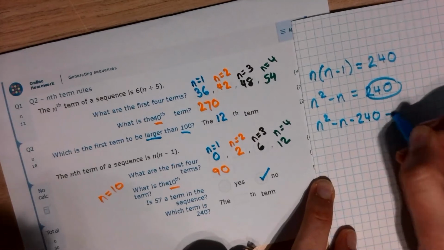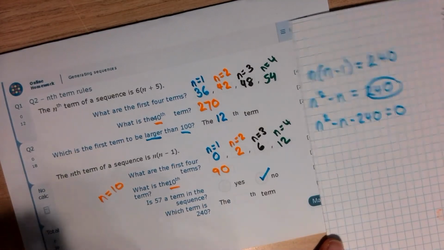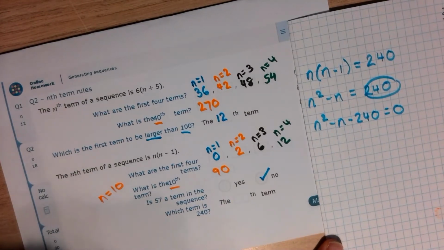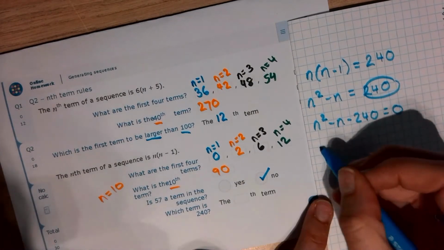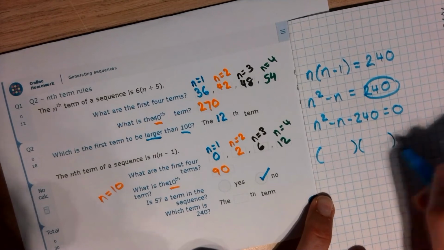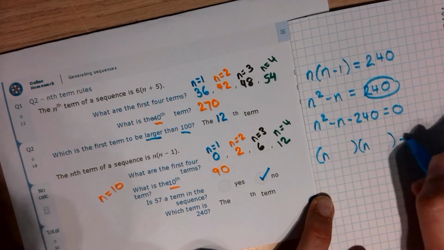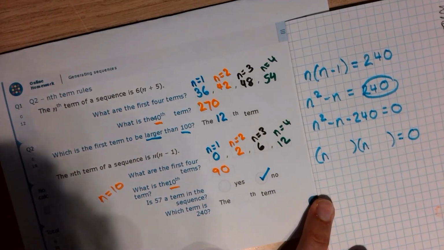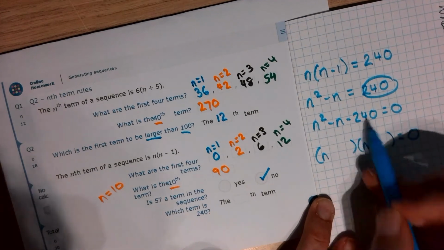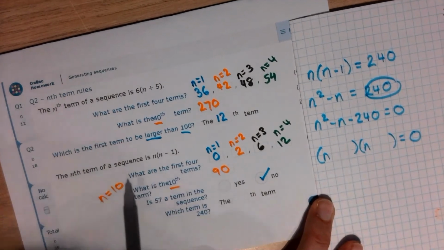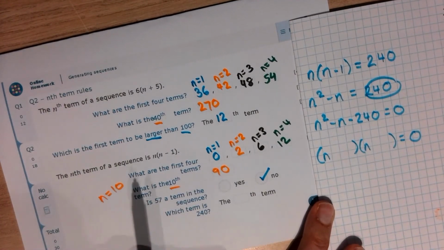which gives me this. Now, I'm going to factorise this expression into 2 brackets, because it's a quadratic. Both of my brackets are going to start with n, because I'm going to make n squared. And the numbers in my brackets need to multiply to make 240, and they need to have a difference of 1.